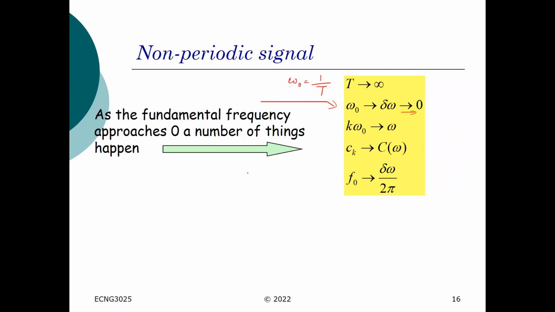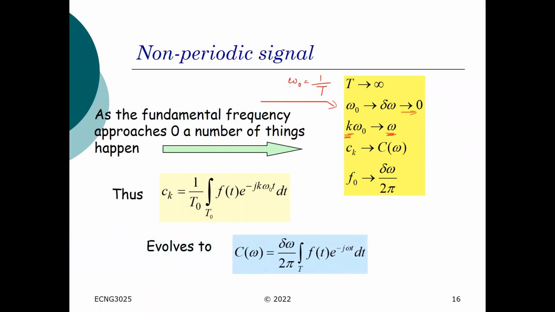K omega 0, as we're going to infinity now, the spacing in the spectrum starts to move into each other, and eventually it becomes continuous. And what we had was that we moved from this part, these are the coefficients of the Fourier series, to something looking like this.